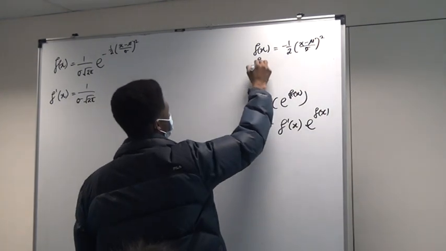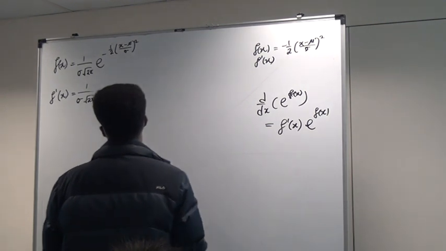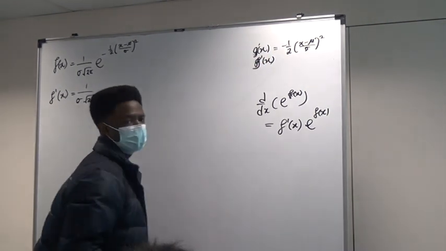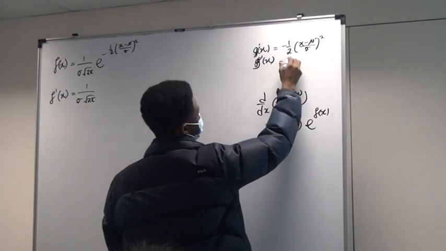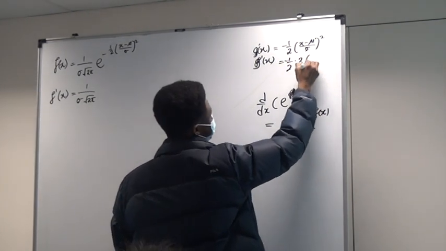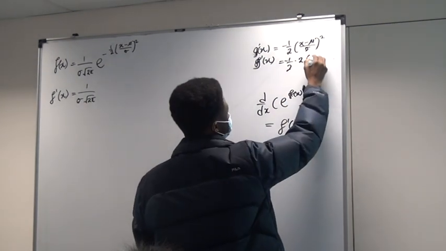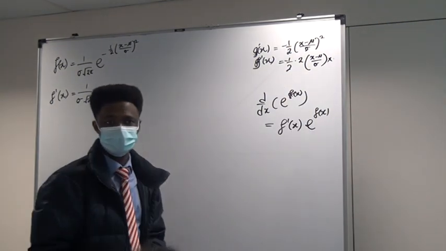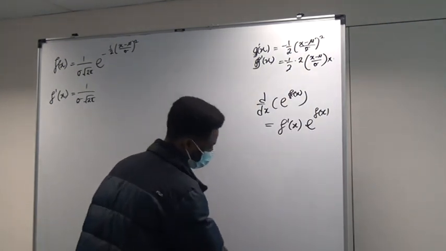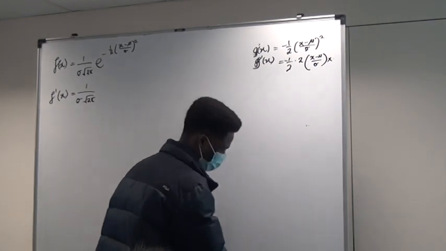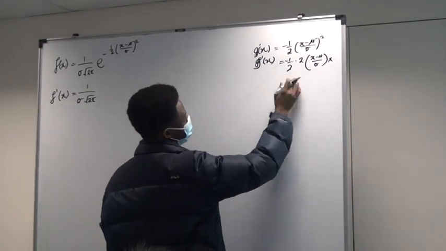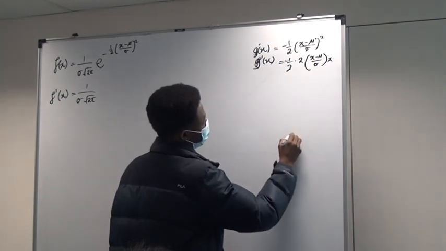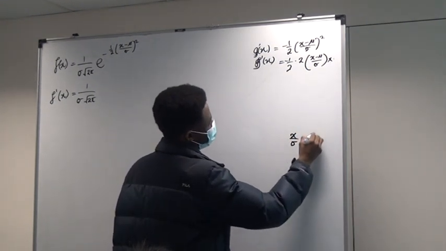So let's do f prime of that. Let's call this g. So definitely it's going to be minus 1 over 2 times 2, times x minus mu over sigma, multiplied by the derivative of the bracket. The bracket is x over sigma minus mu over sigma.